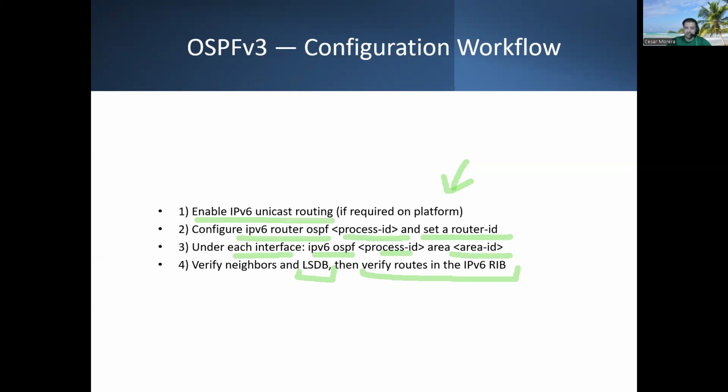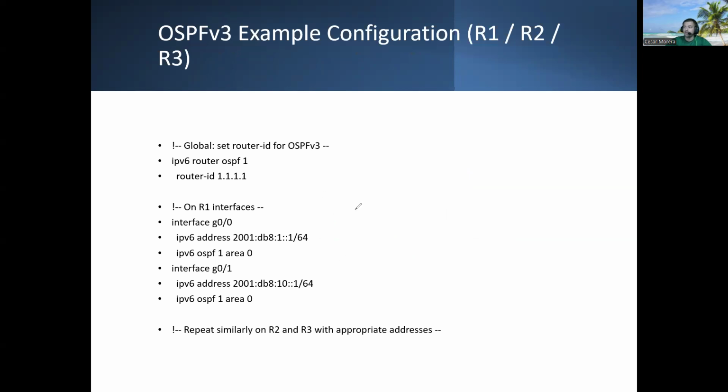Okay, let me show you guys an example of this because it is easier to understand with a clear example. Let's clear the drawing and move on. Okay, so this is an example. We are configuring ipv6 router ospf 1. The router ID is 1.1.1.1. Of course, we are working on router 1 for this one.